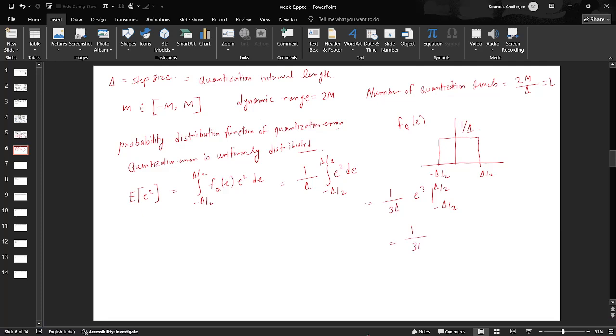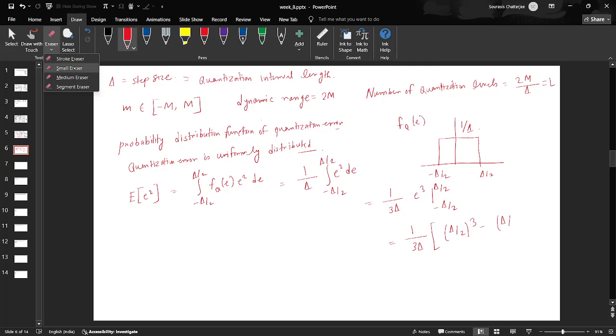1 over 3 delta, into delta over 2 whole cube minus of minus delta over 2 whole cube. 1 over 3 delta, here we have delta cube over 8 minus of minus delta cube over 8.